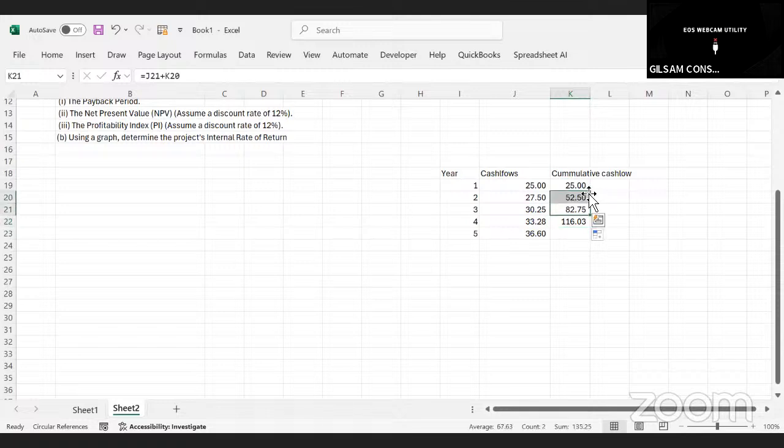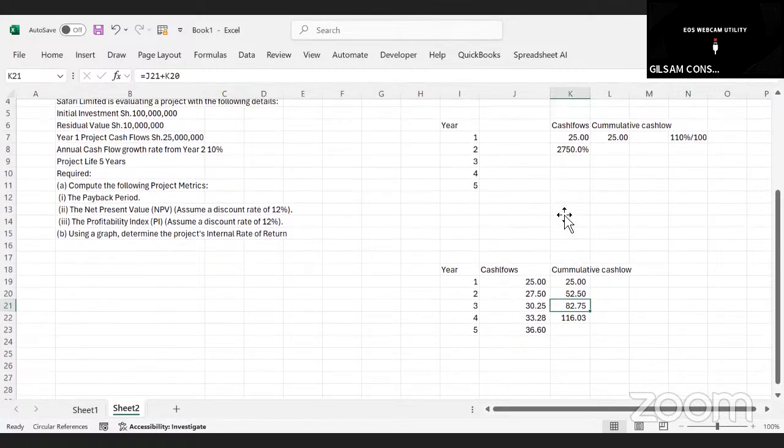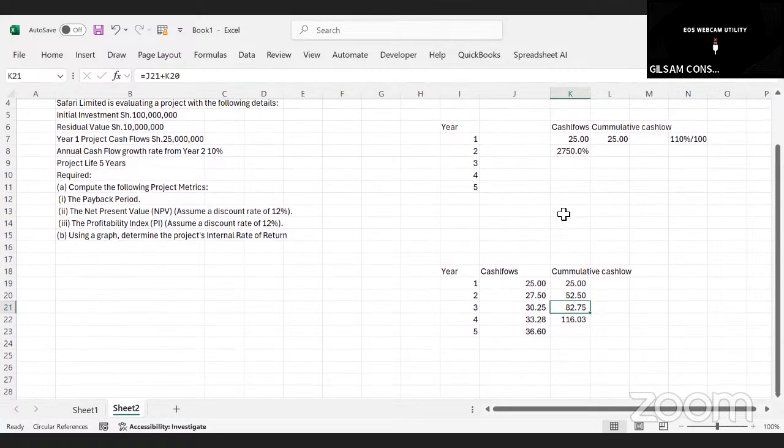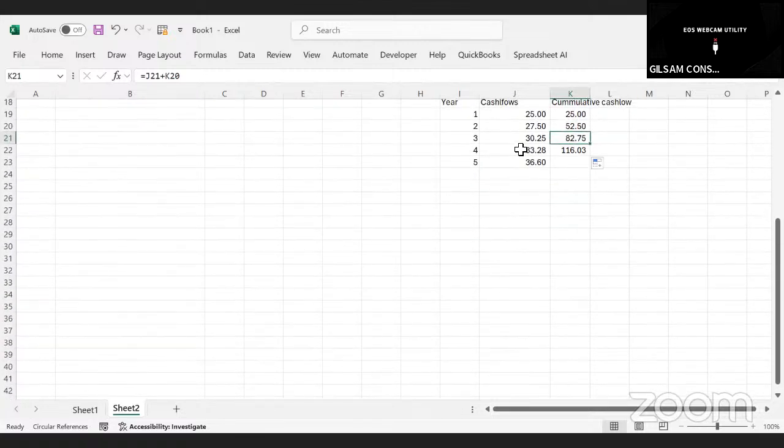if you look, it has reached 82.75 million. And our initial outlay was how much? 100 million. So which means in this one, we don't require the full amount of that 33.28, right? Because we only need the one.